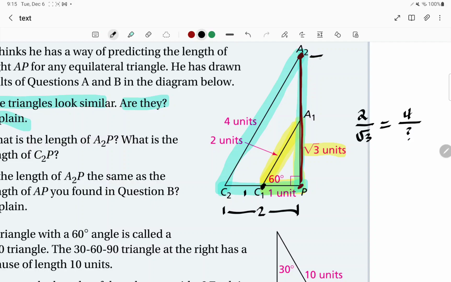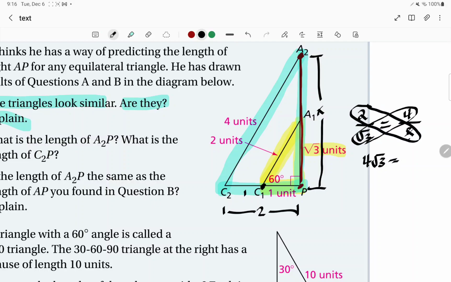That would be this distance from here all the way down there. We did find that, but let's not use what we just did. We're going to cross multiply, and we learned to do that last year. So you would have 4 times the square root of 3, because you multiply the diagonals, is equal to, let's say the question mark is our unknown, so we'll put x in there, 2x.